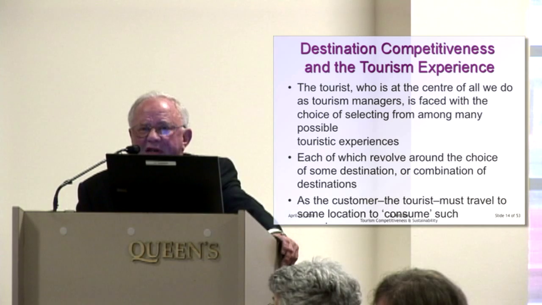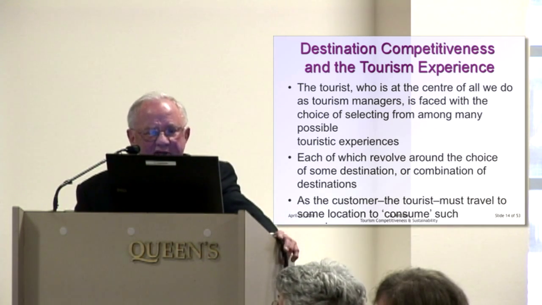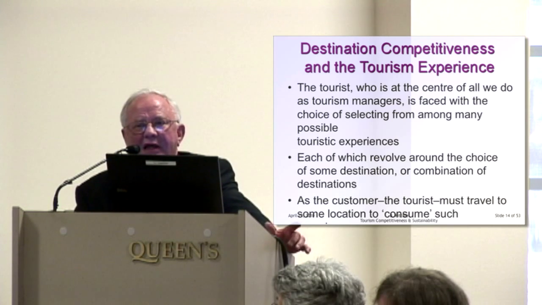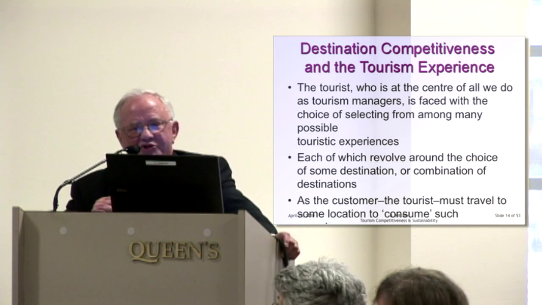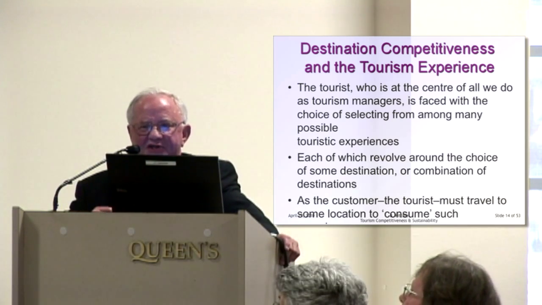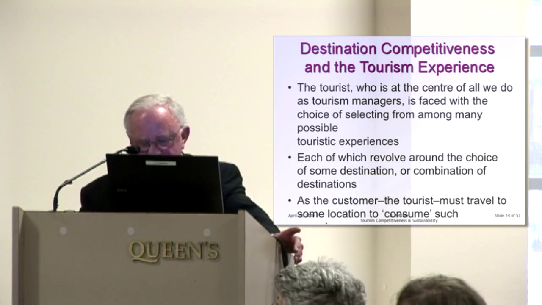When an individual tourist starts to choose, they can choose one destination or many combinations of destinations. The tourist, as opposed to the traditional consumer who we sell our product to, must be brought to the destination. That's a very different kind of selling proposition from normal consumer selling.